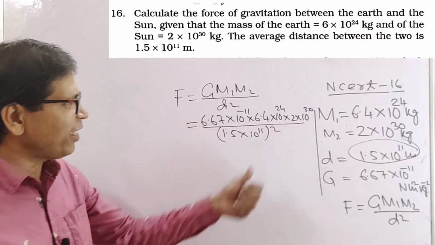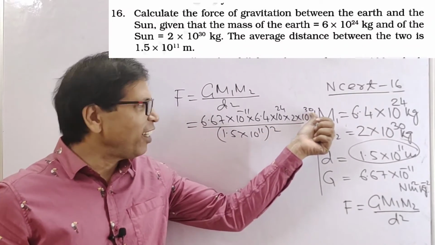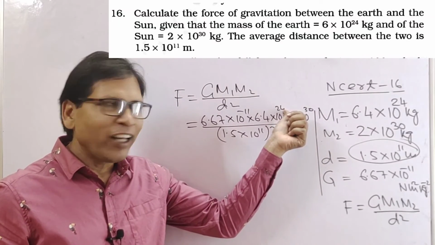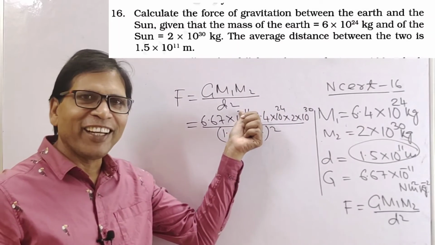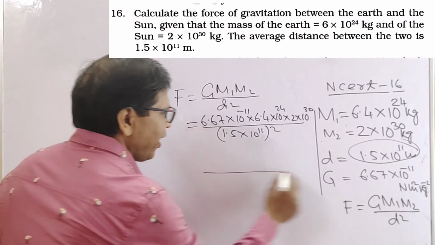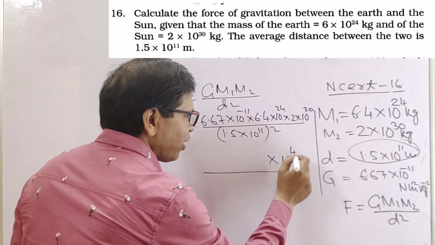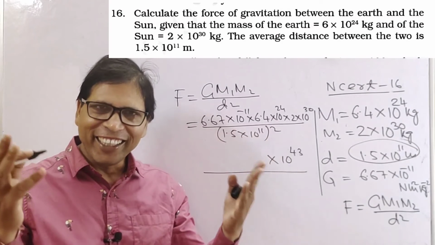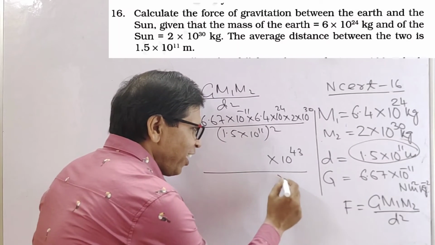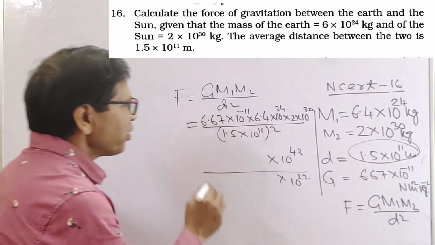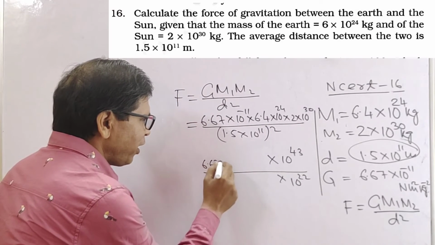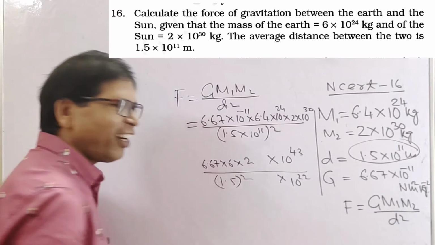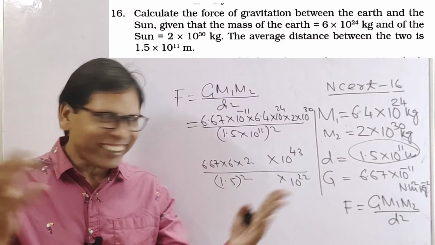Okay. Now look at this. Here 10 to the power 30 and 24. Now 30 plus 24 is 54, 54 minus 11 is 43. So this is 10 to the power 43. And here 10 to the power 11 square is 10 to the power 22. So here 10 to the power 22, and this is 6.67 into 6 into 2 divided by 1.5 whole square. Okay, understood? Next.